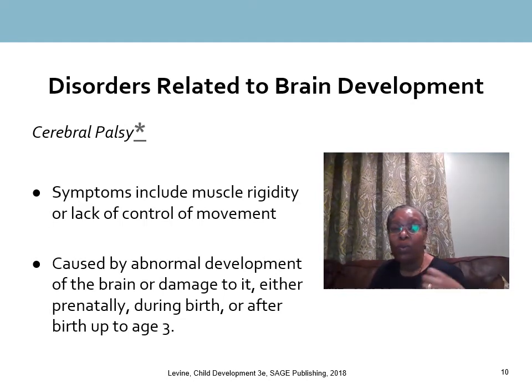Individuals with cerebral palsy may demonstrate difficulties with their muscle tone, their ability to coordinate movement, as well as their speech patterns. The condition is caused because of an abnormal development or damage to the brain. And it could have been either prenatally, during the birth process, or after birth, all the way up to at least age 3 years old. Okay?